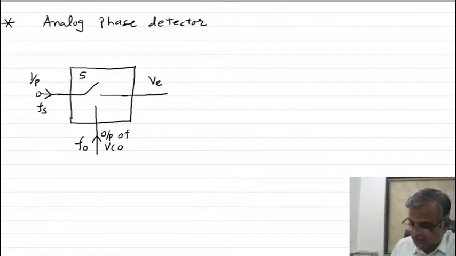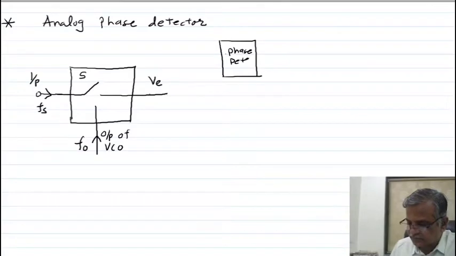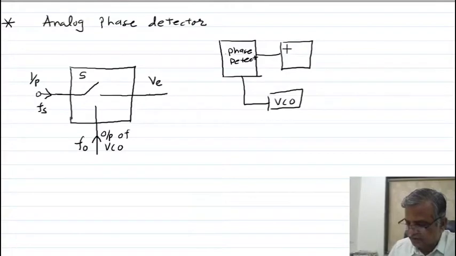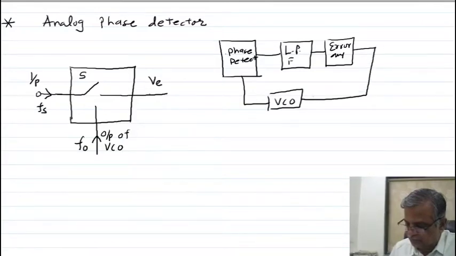You already know this diagram, I am just showing you for your understanding. This is your phase detector. Here is the output of VCO. This is the block diagram of the PLL: the low pass filter, then the error amplifier, and the output of the error amplifier is given to the VCO.